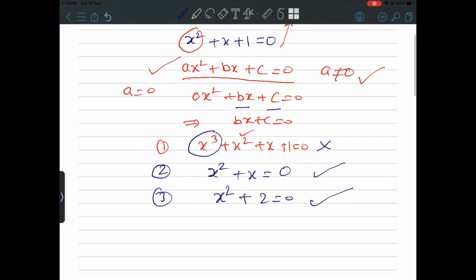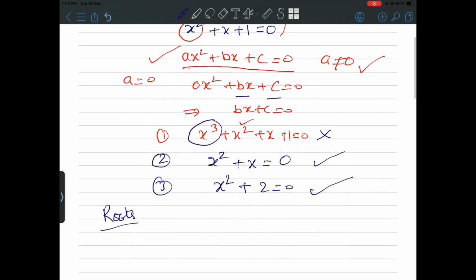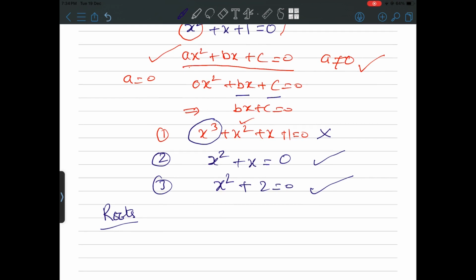So now let's understand about roots. What are the roots of a quadratic equation? Root means the values that, if you put them in the equation, make it 0. Suppose our equation is, for example, 2x square plus 4x plus 6 equal to 0.